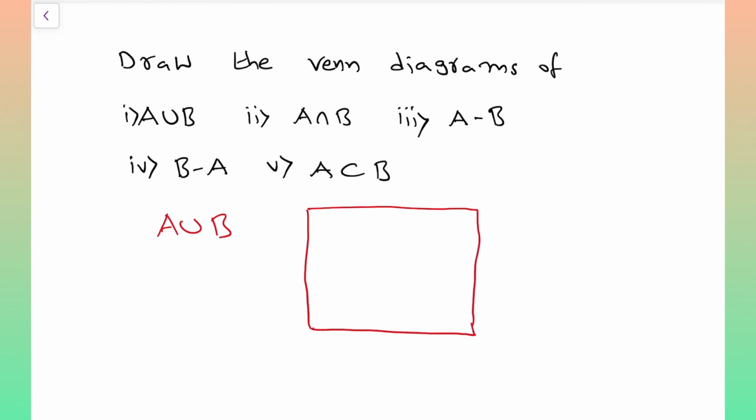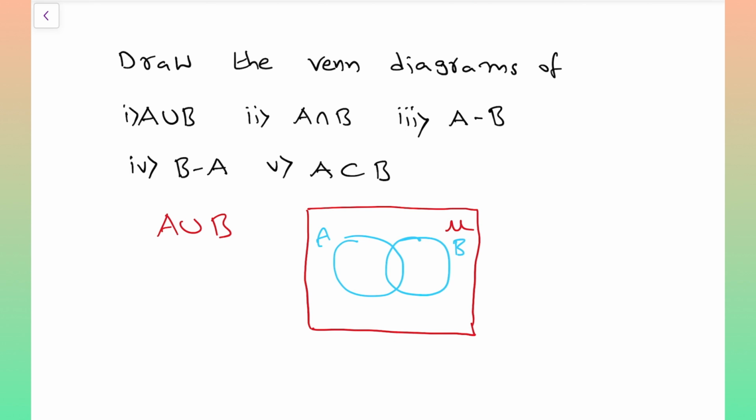This rectangular box is nothing but universal set. Next, A and B, two sets are there, right? So make two circles inside of this rectangular box. One circle is for set A and one circle is for set B.